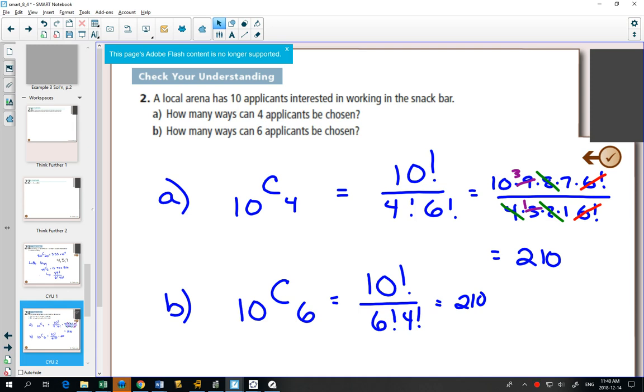How many ways can I do that? 52 ways. Because choosing 51 cards where the order doesn't matter is the same as choosing 1 card. Does that make sense? If there's 52 different ways I can choose 1 card, there will be 52 different ways I could choose 51 cards if the order doesn't matter.